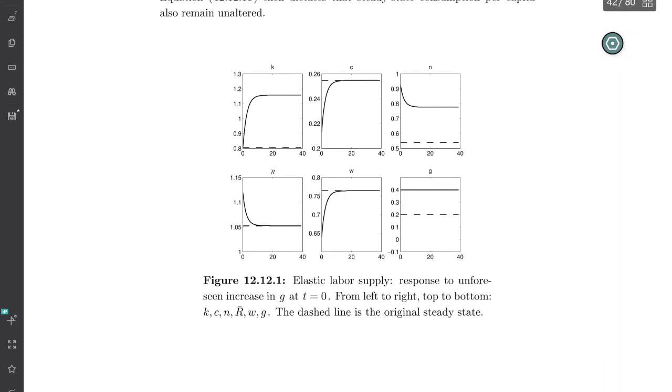There's a very important footnote in Prescott that he gets huge effects of taxes on labor on the equilibrium allocation. And he blames high taxes on labor for Europe's poor performance in his view.